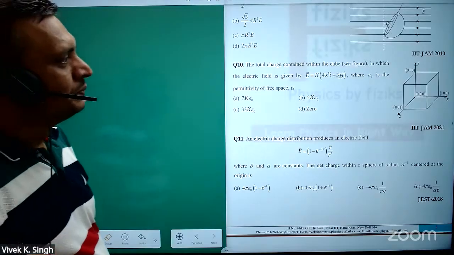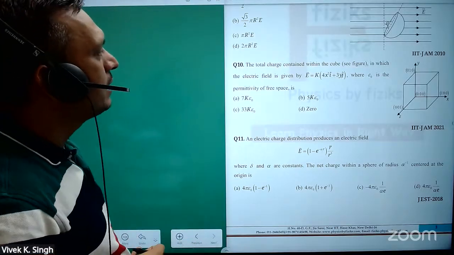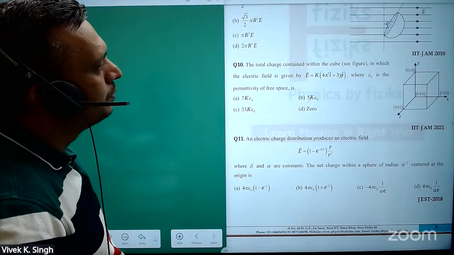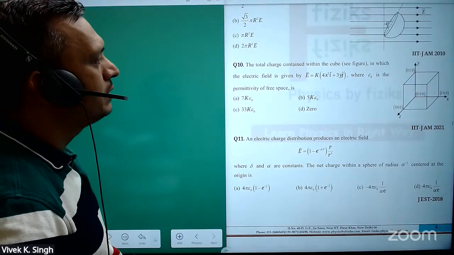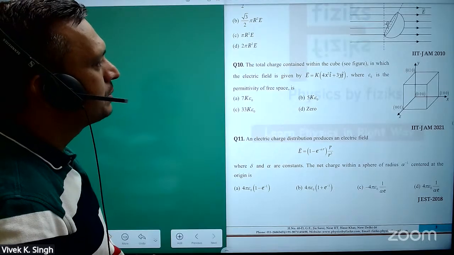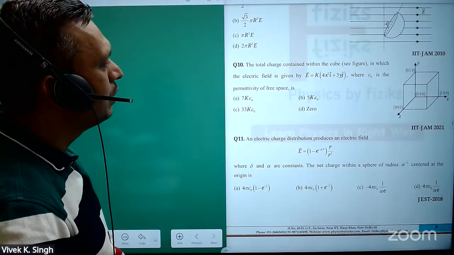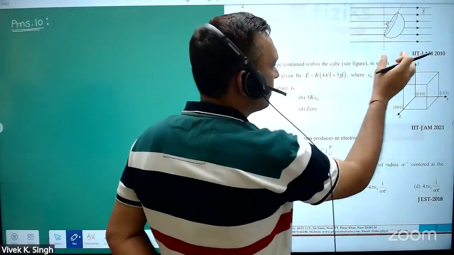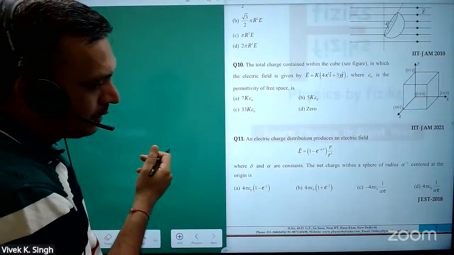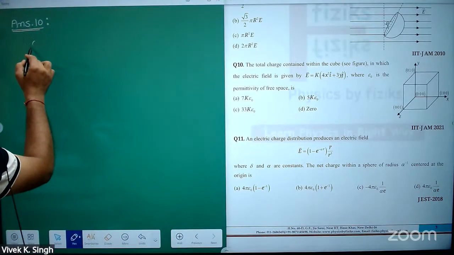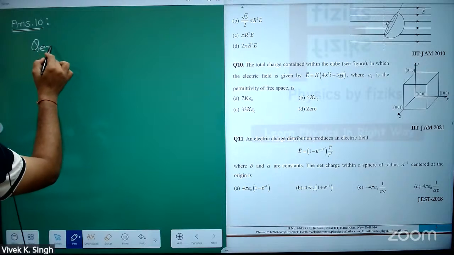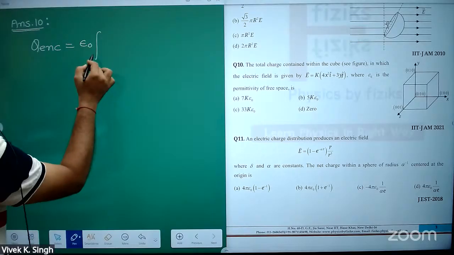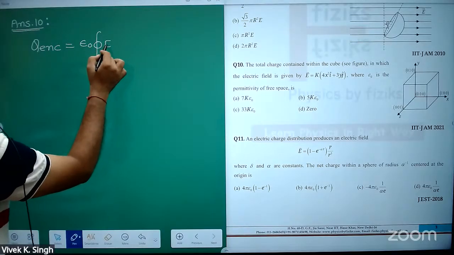Now see, the total charge contained within the cube in which the electric field is given, where epsilon naught is the permittivity of free space. What is the total charge contained if the electric field is given? So what will be the total charge contained? Q enclosed, by Gauss law, is epsilon naught closed integral E dot dA.